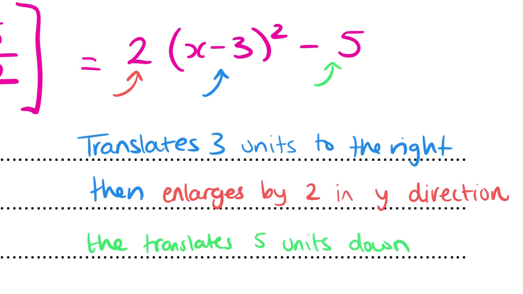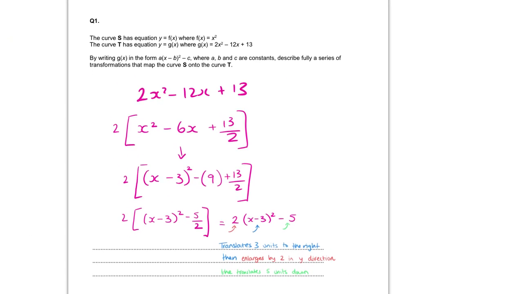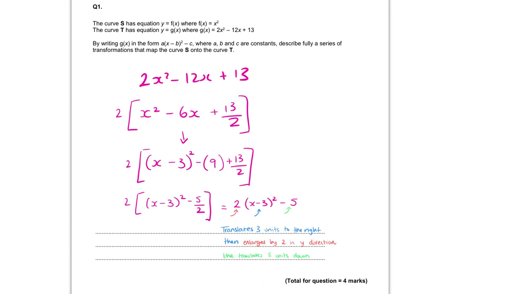Okay, because we've written in this order, you are going to get full marks. However, sometimes in the mark scheme, what you might find is that even though it stretches, it might have a vector and it does all the translations in one go. Okay, so your challenge is to see how that works. But that's nice and easy, 4 marks.